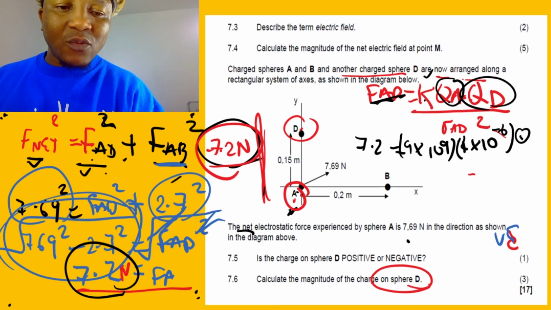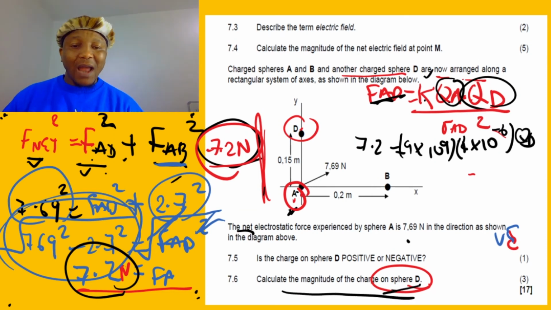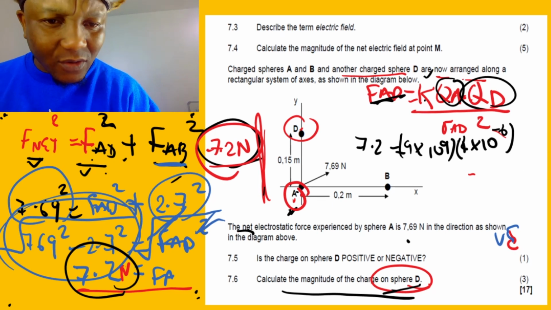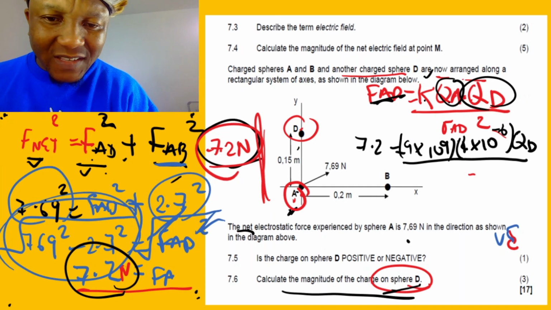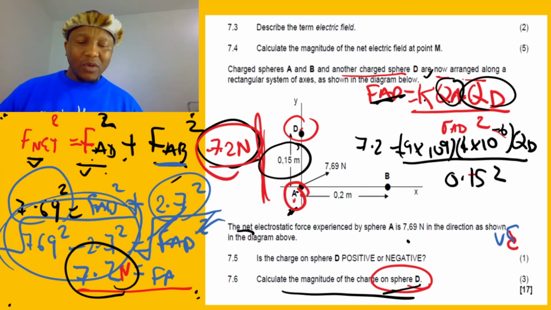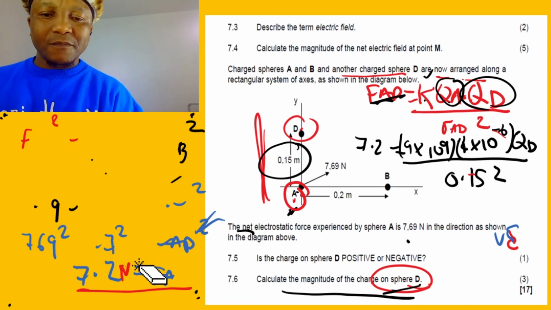Charge of D, that's what we're looking for, the magnitude of the charge at D. Then we divide by the distance between, which is 0.15 squared. So here you can simplify and finish up our equation.